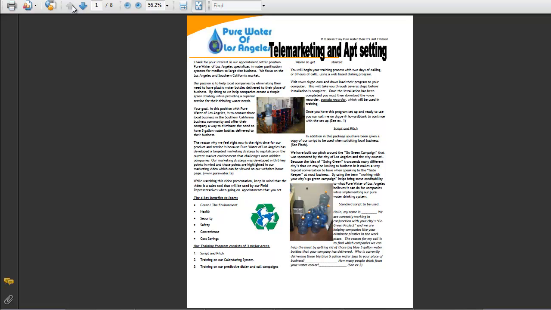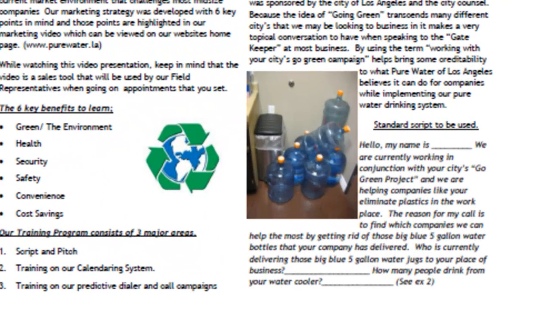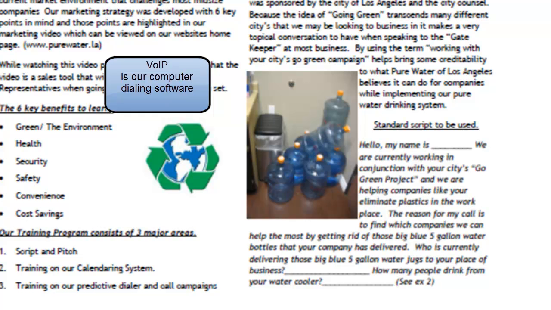Going forward, as stated in our hiring package, we have an online VoIP system, which means that we're computer dialing, and the only thing that you needed to provide was a high-speed internet connection at your home, along with a reliable computer, headset, and microphone.